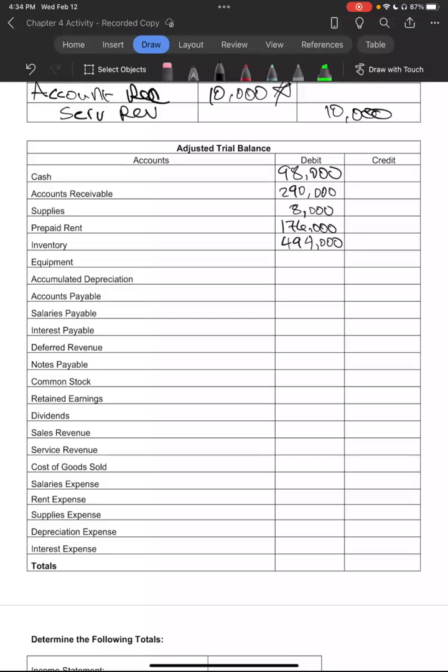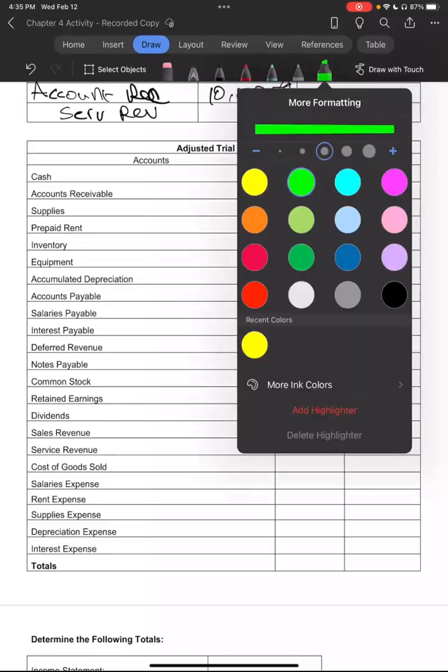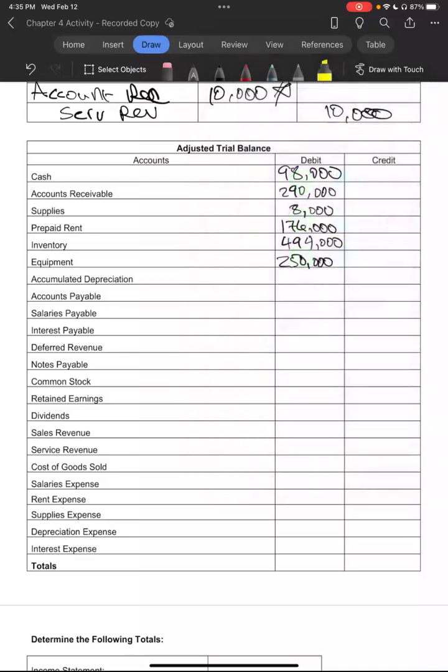We have equipment. We did impact equipment because we had some depreciation expense. However, remember, we don't actually change the equipment amount. So we've only got $250,000 in the equipment account. What we have changed, if we remember, is accumulated depreciation.